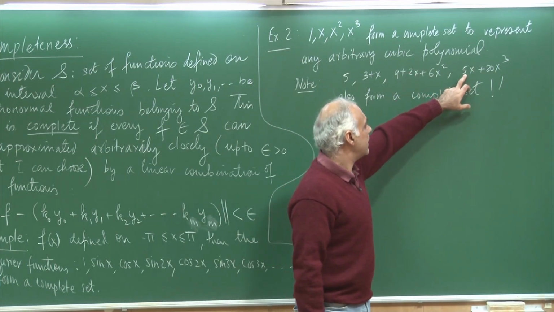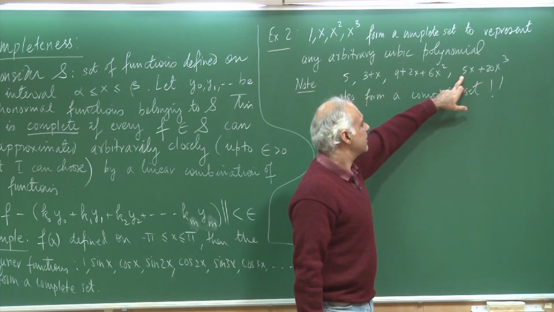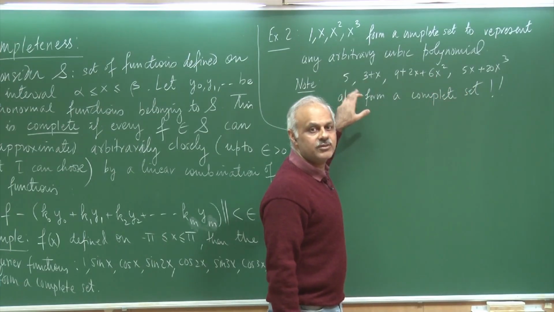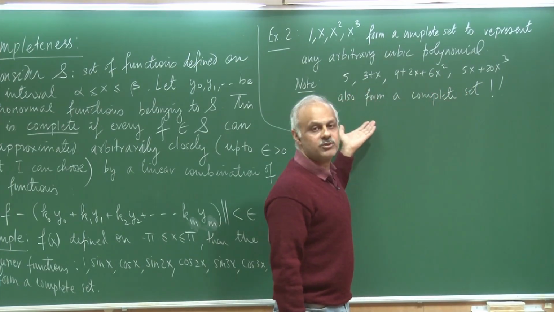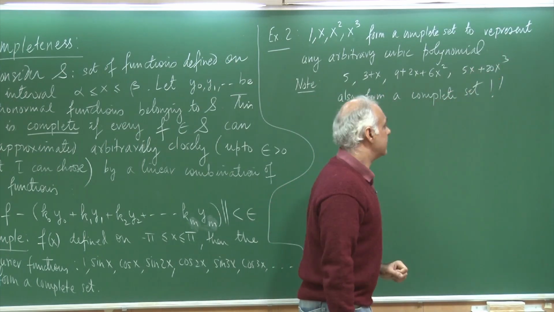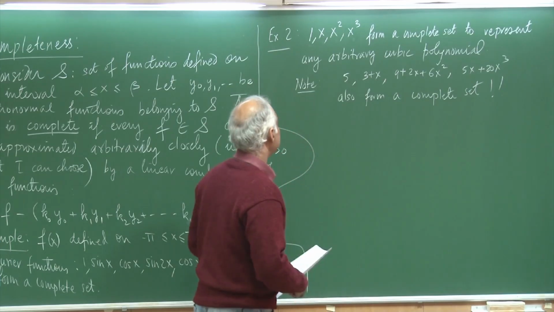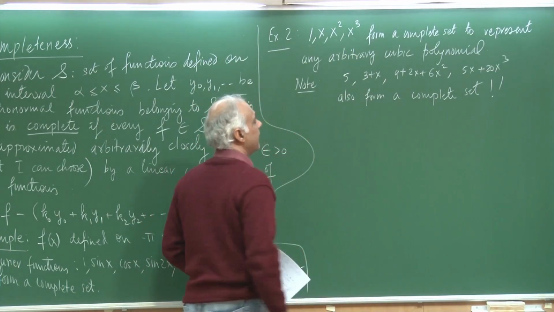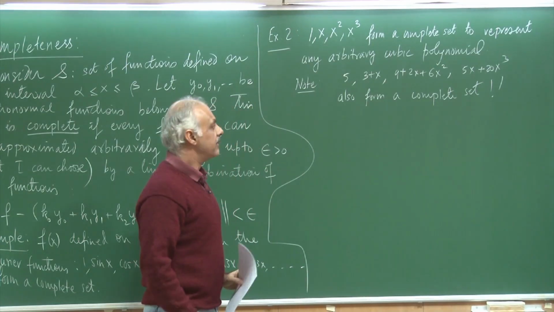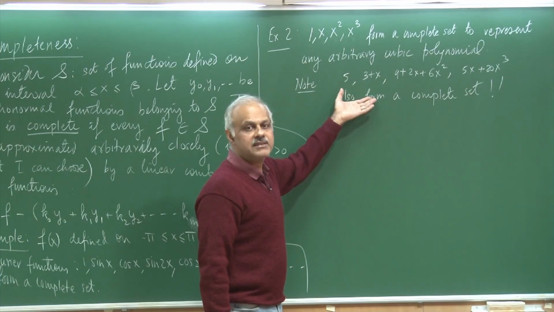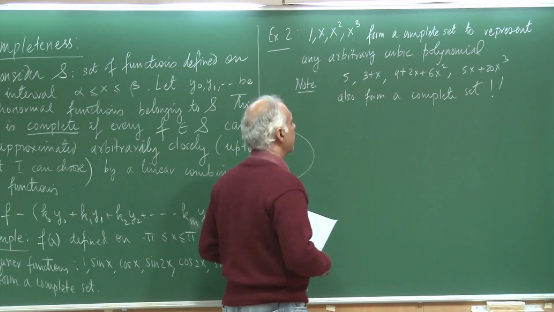If I try to get the cubic term as a linear combination of the other three, I will not succeed because I don't have a representation for the cubic term. What if I want to include a term like x to the fourth? Then I will be able to represent up to quartic polynomials and so on and so forth.